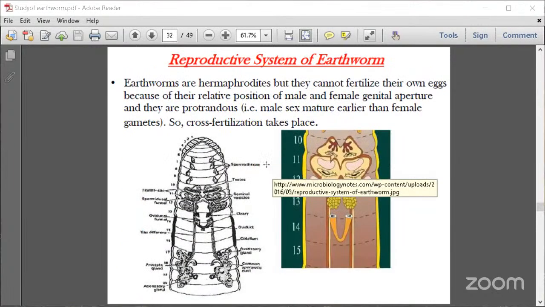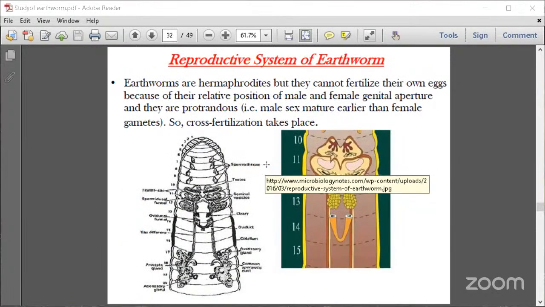And coming to the reproductive system of the earthworm, as we already discussed, the earthworm is a hermaphrodite, because it has both male and female reproductive organs present in the same organism.